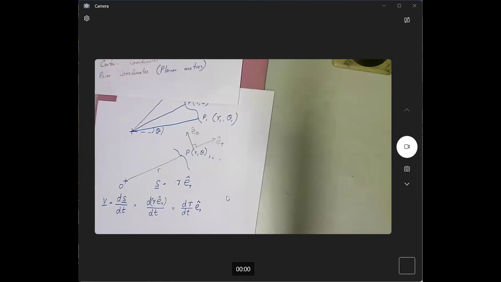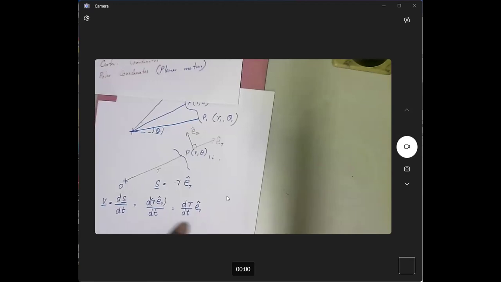So what is missing in this one? dr/dt is there.